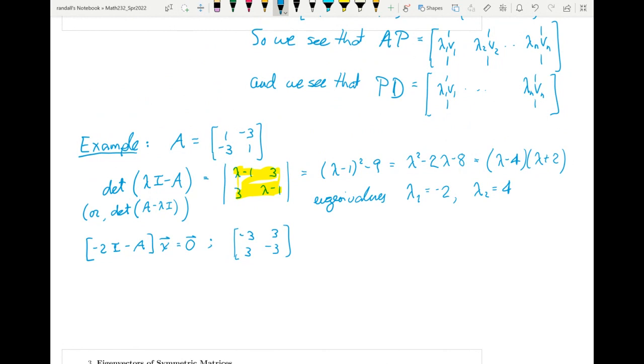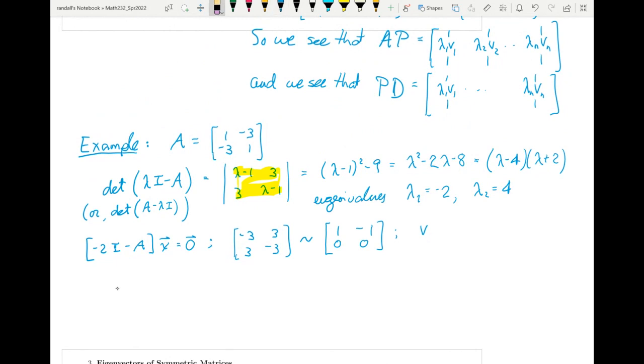I'm not writing the right hand side, you don't need to. So let's row reduce this. That's easy to row reduce. I'll make the top left corner my leading one, and the bottom row will be 0. And so I read off the equation for one of my eigenvectors.